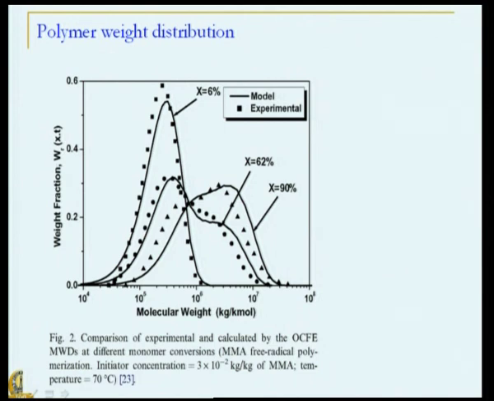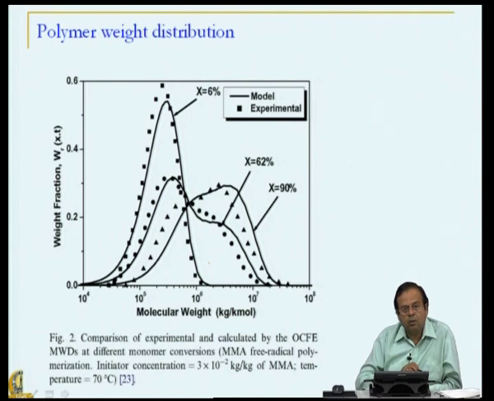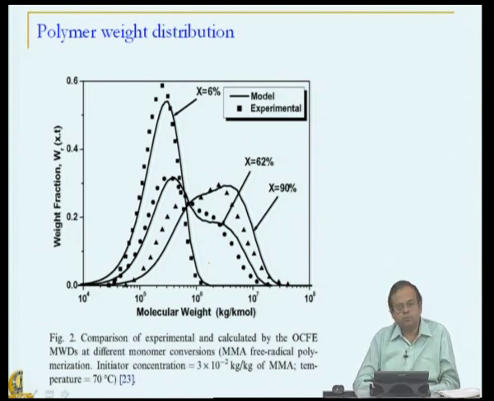The weight fraction of the jth component as a function of j or its molecular weight, we always see that there is a unimodal distribution, and our kinetics can explain that.